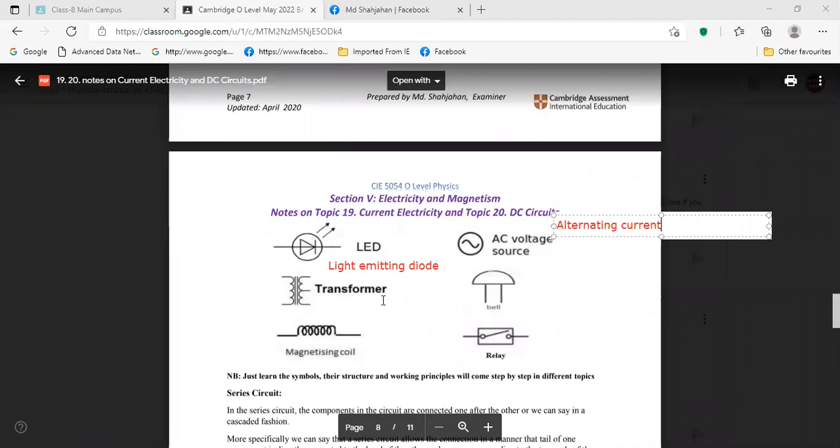I have a question. Yeah, sure. Sir, who invented transformer? So far as I can remember, we have a few scientists involved with it, not a single one. Finally, Oersted gave the idea about the transformer.